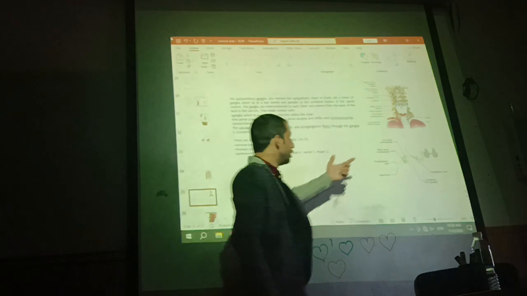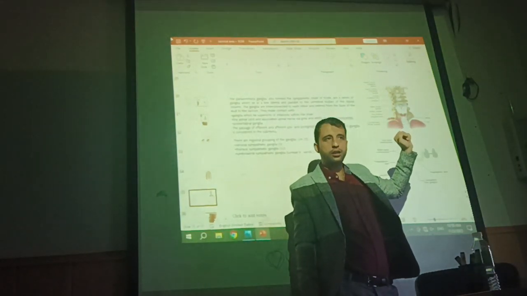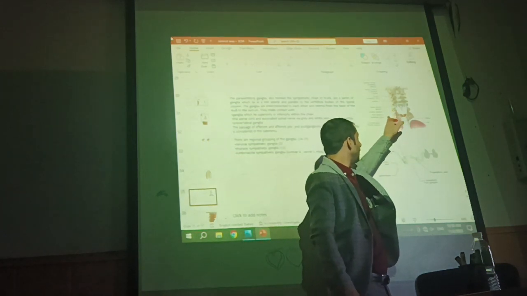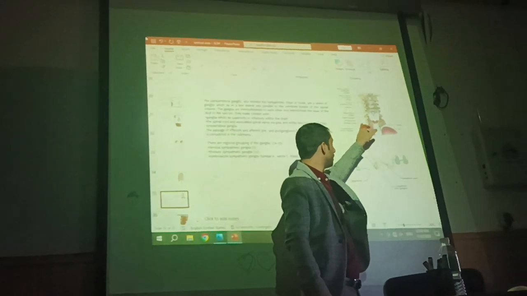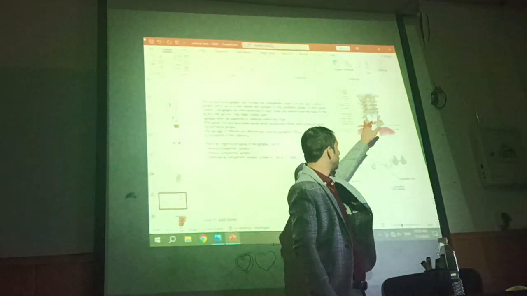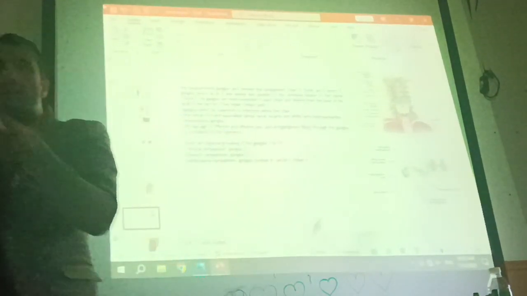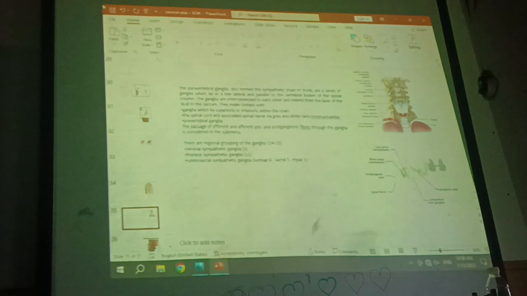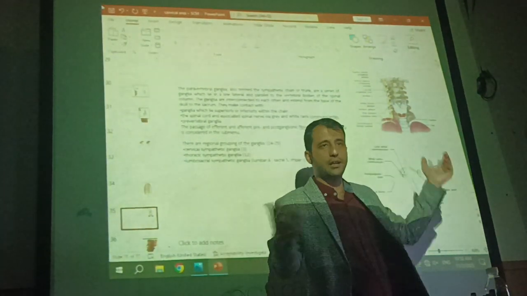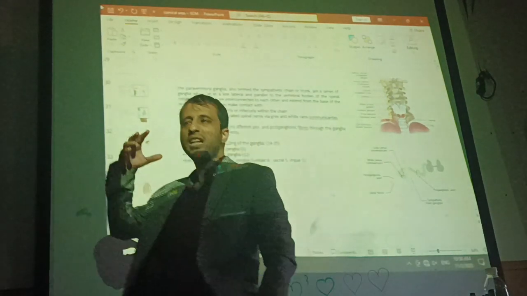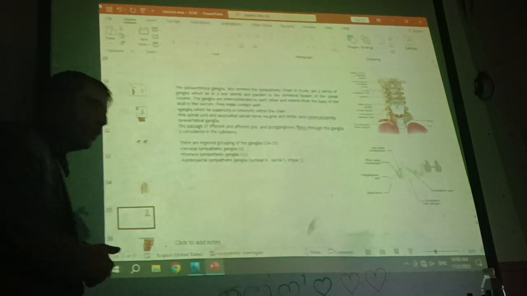Ansa subclavian originates from the middle cervical ganglion and runs around the subclavian artery from the anterior, inferior, and posterior part and inserts into the stellate ganglion, the inferior cervical ganglion. It is named ansa subclavian. They are the branches of the cervical sympathetic ganglion.